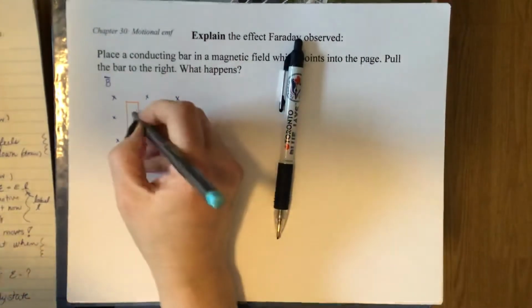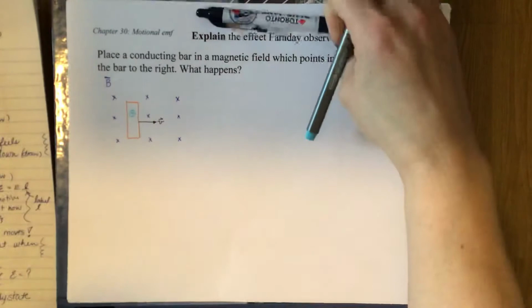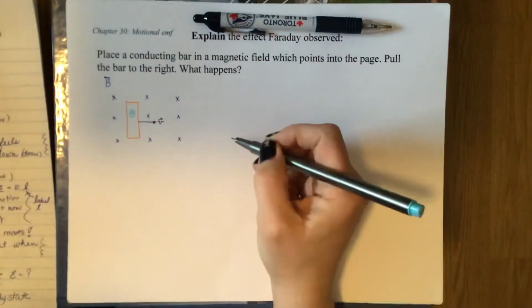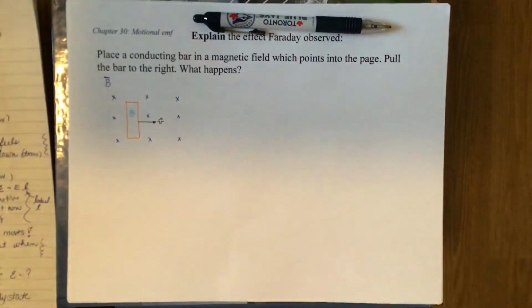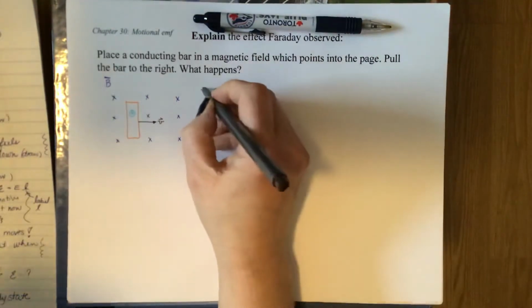So let's just draw a little plus charge. What happens on that positive charge because we've pulled the bar to the right? Well, on that charge, it's going to feel a magnetic force because it's a charge moving in a magnetic field.